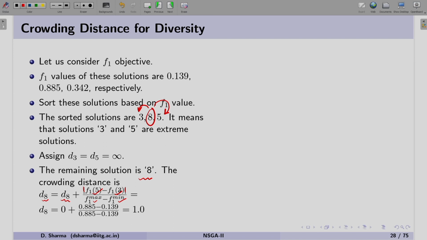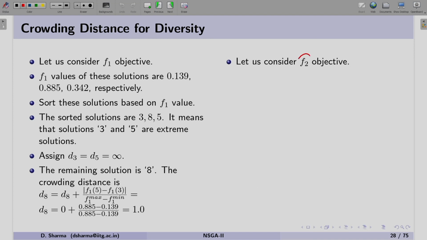F1 of 5 and F1 of 3 we can find in the second line. Similarly, F1 max and F1 min can be identified from line number 2. By including the values, we get D8 equal to 1. This calculation we perform for the first objective.